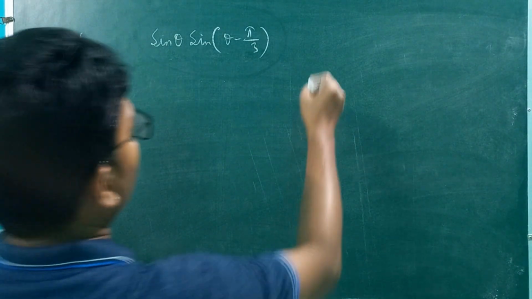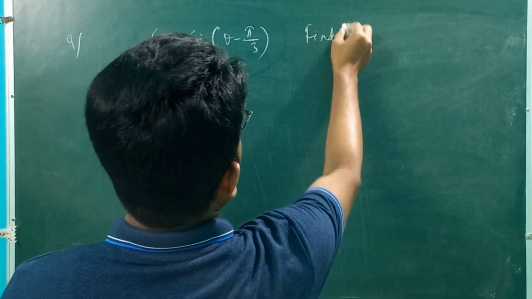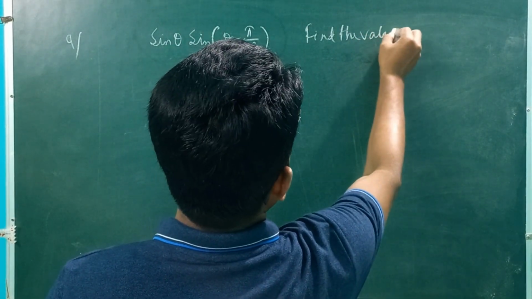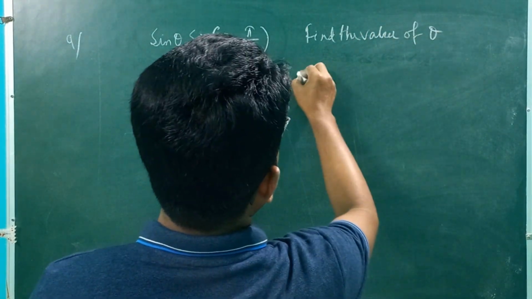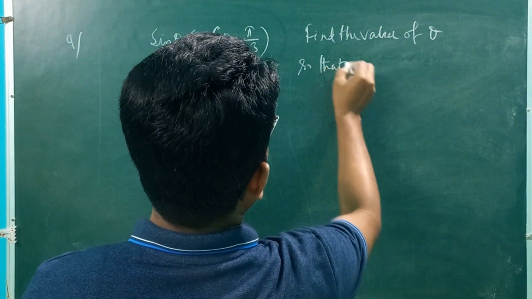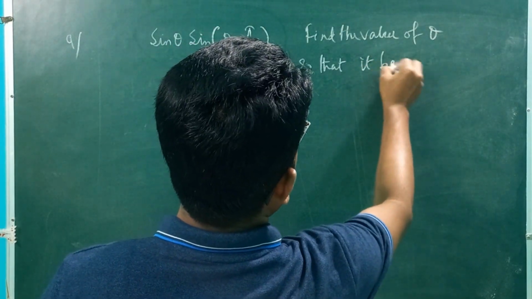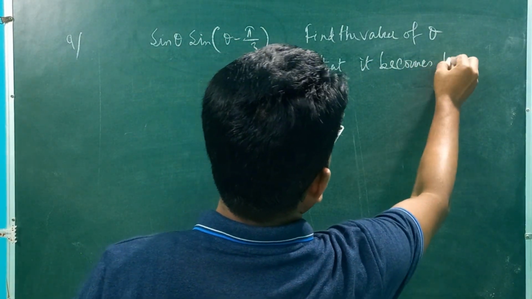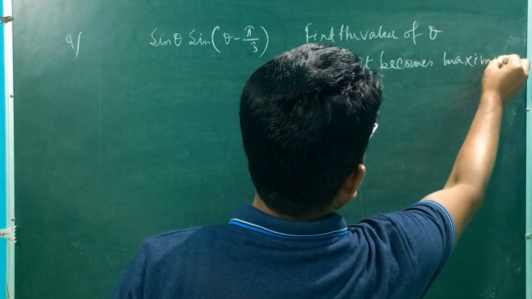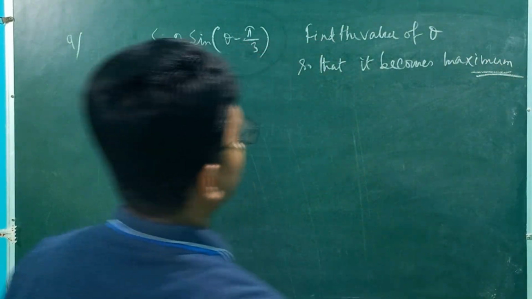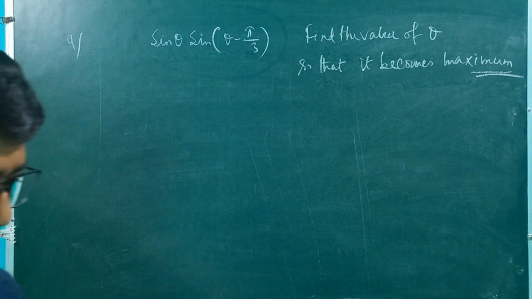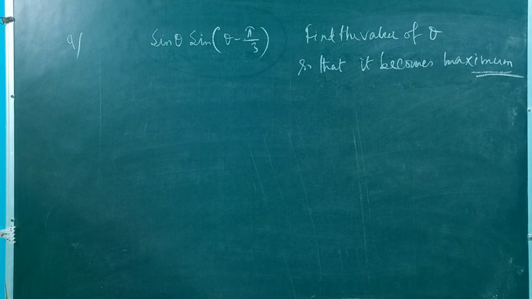That is, find the value of theta so that it becomes maximum, that is, for which value of theta this trigonometric expression will be maximum.